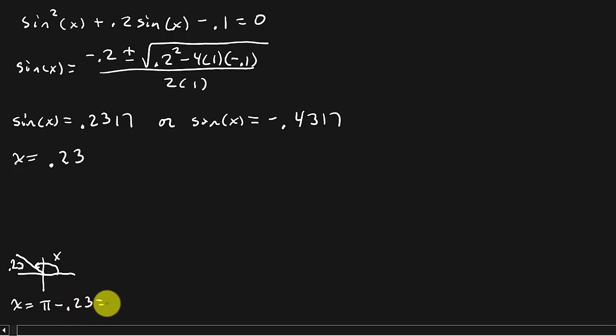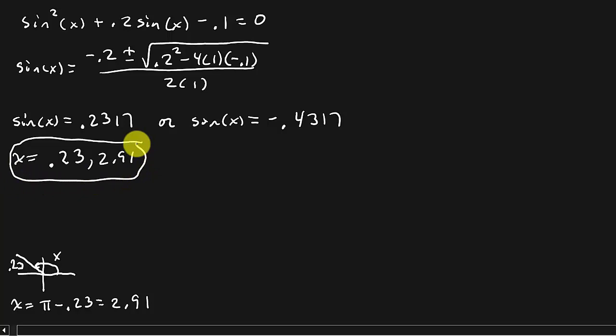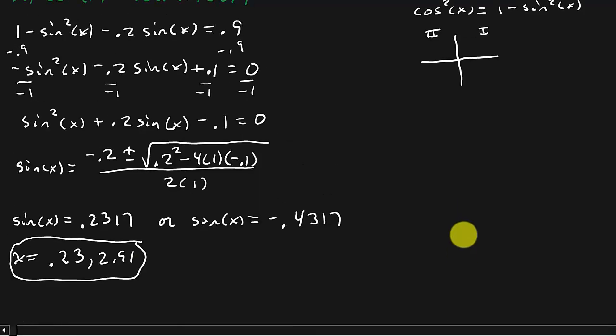Let's see what we get. Pi minus 0.23 is 2.91. And so there are the solutions to the first one. All right. Now let's find the solution to sine x equals negative 0.4317.